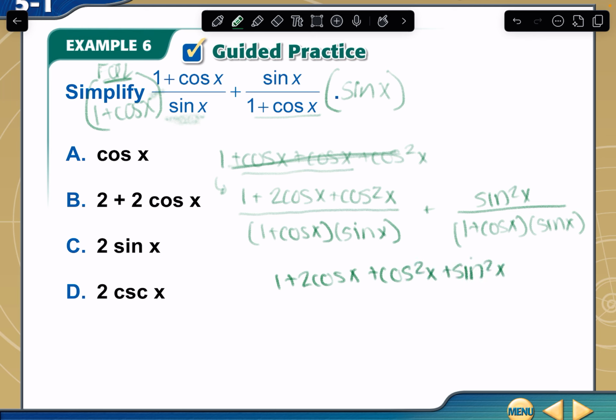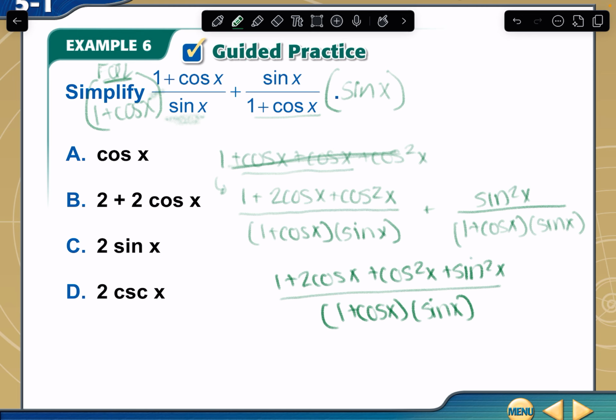My two numerators are going to combine, and then I'm just going to write everything over my denominator like this. So from here, I'm looking to see if I can simplify anything really using my identities.